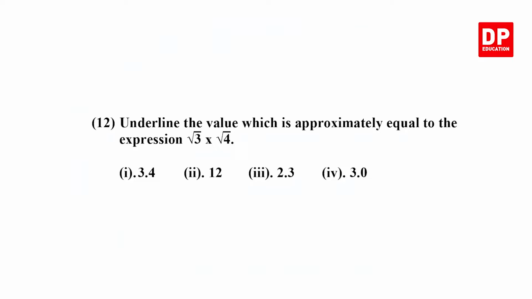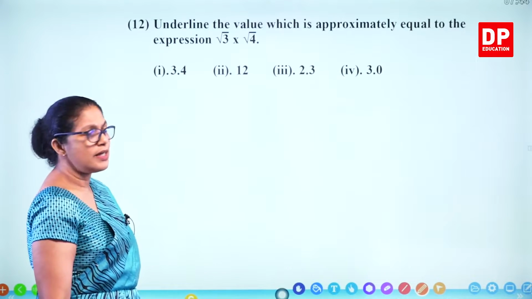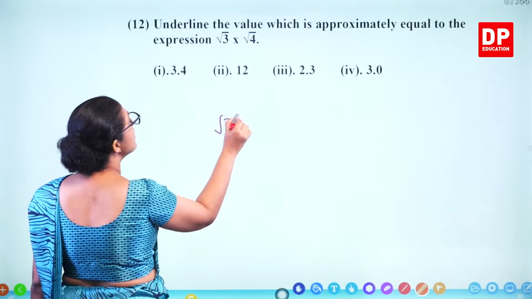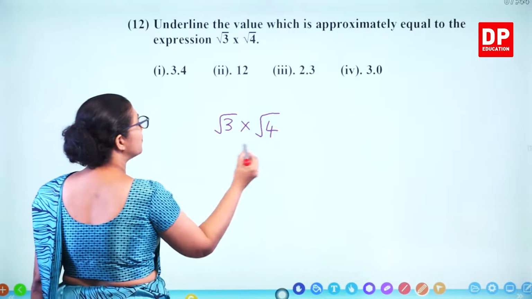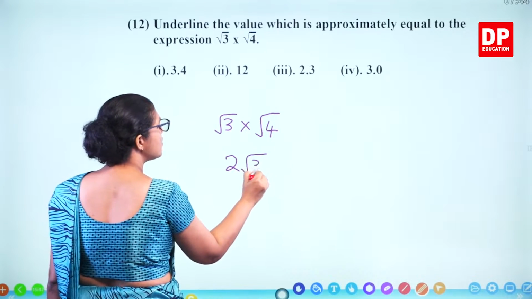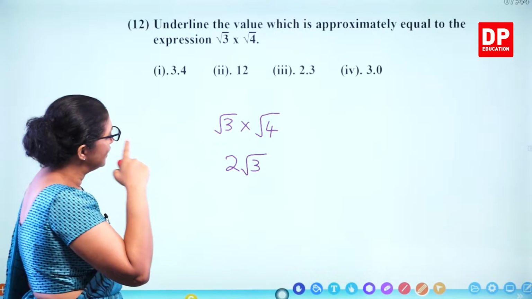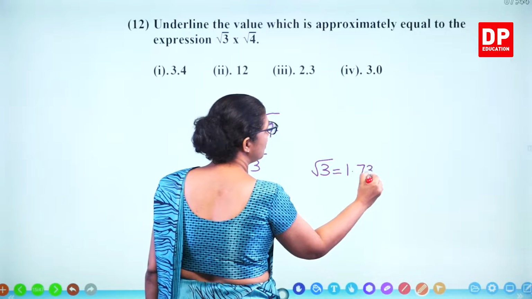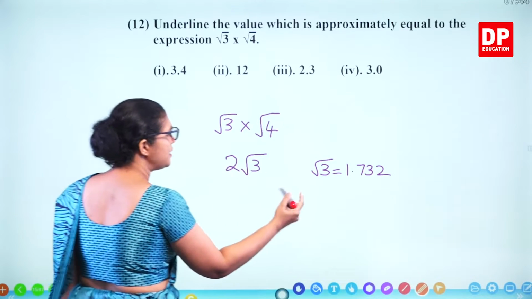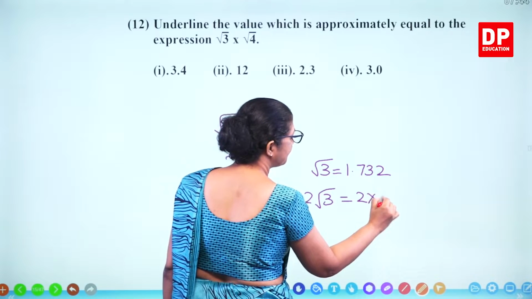Question number 12. Underline the value which is approximately equal to the expression root 3 and root 4. We know that root 4 is 2. So basically this is 2 root 3. Can you remember the root 3 value? 1.732. When you multiply by 2, what is the rough value?